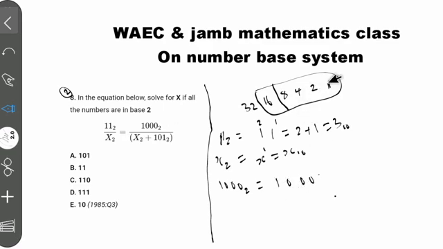So this is the code: the first code is 1, the second is 2, the next is 4, and the next is 8. So this will be equal to 8 times 1, that is 8, plus 4 times 0, that is 0, plus 2 times 0, that is 0, plus 1 times 0, that is 0. Altogether, 8 plus 0 is equal to 8. So this is equal to 8 in base 10.